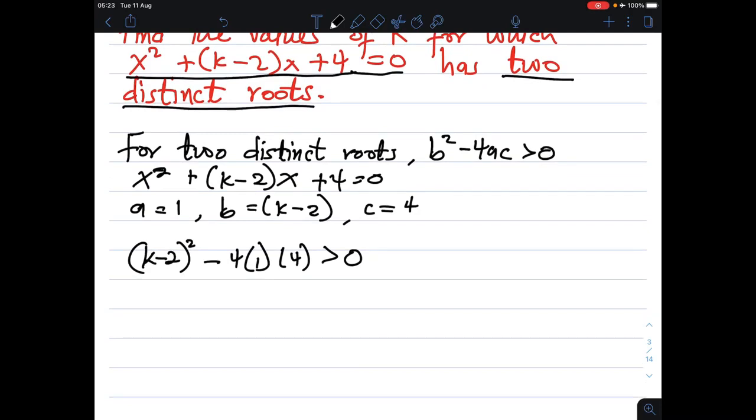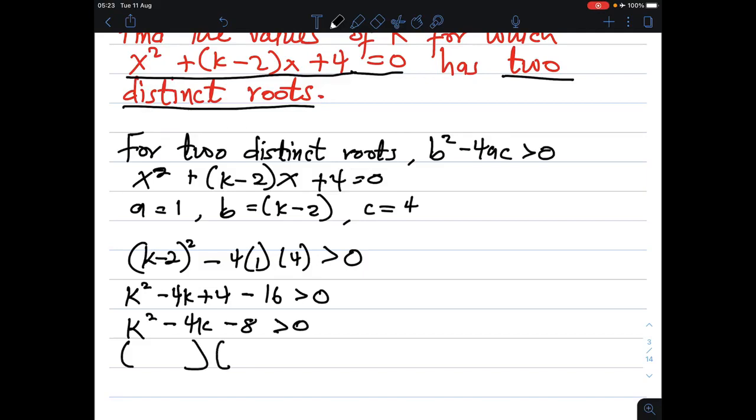So when we expand this, we get k squared minus 4k plus 4 minus 16 greater than 0. So this is k squared minus 4k minus 8 greater than 0.